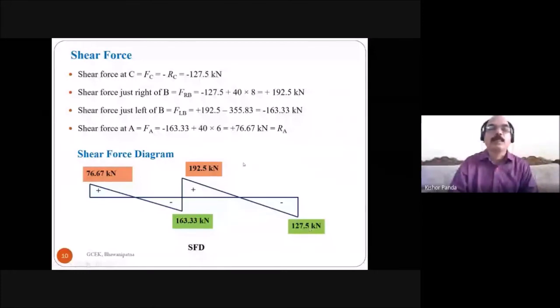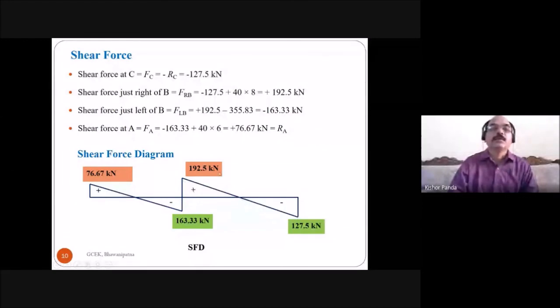Then the shear force just right of B is plus 192.5 kilonewton. The shear force diagram goes linearly. This is a linear diagram. The bending moment diagram is parabolic, and the shear force diagram is linear.